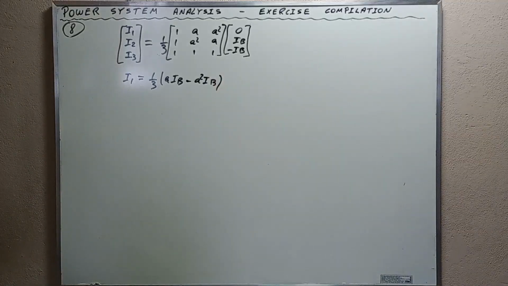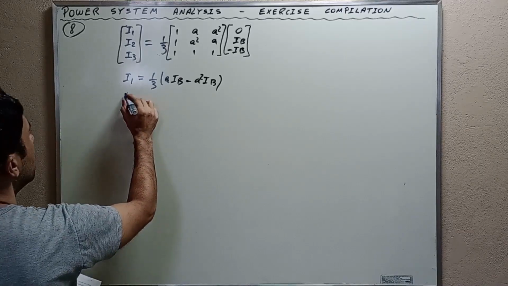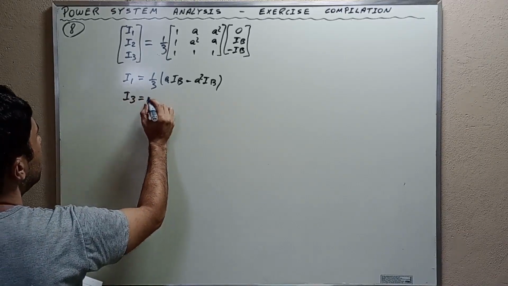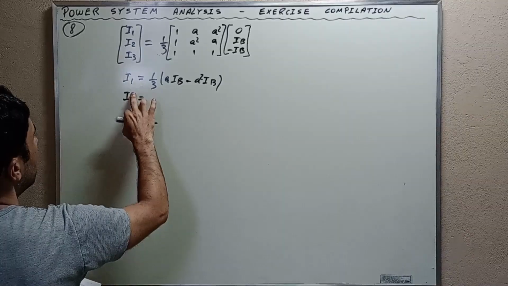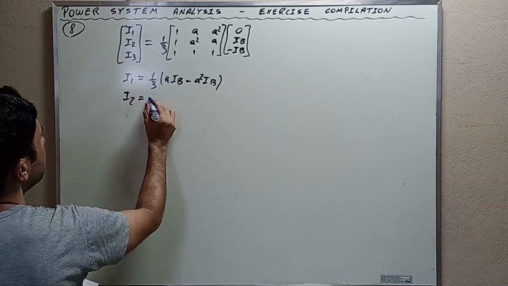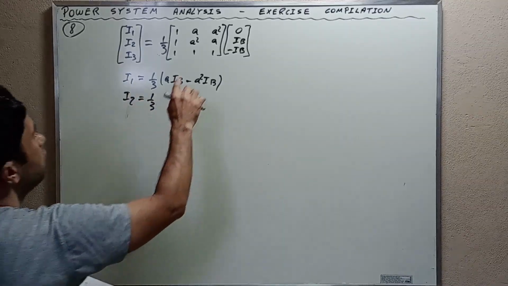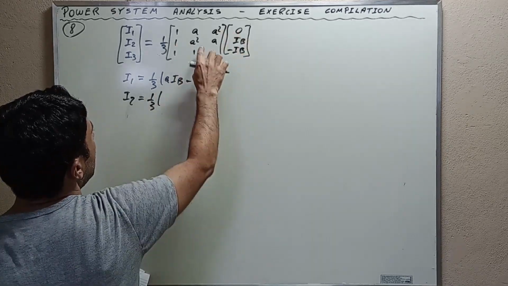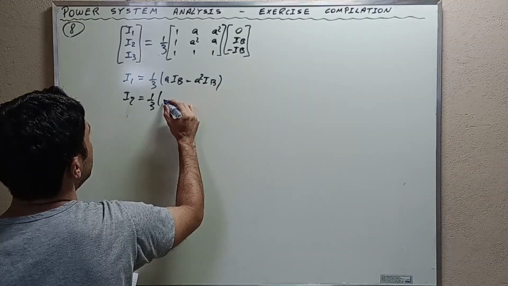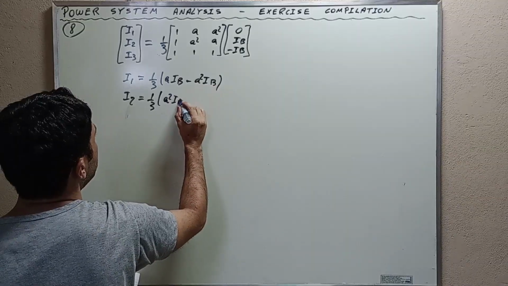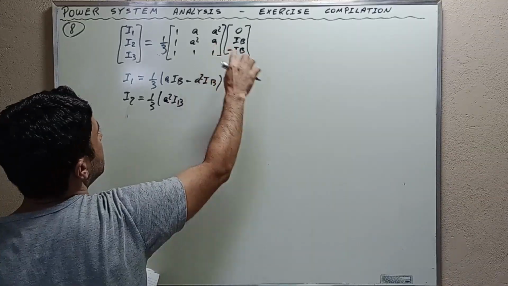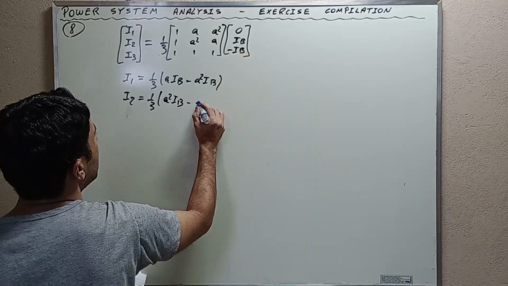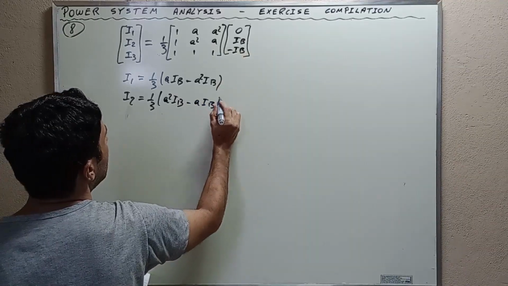Let's do the same for current 2. I2 is equal to a third of 1 times 0 is 0. A squared times IB is A squared IB. And A times negative IB is negative AIB.